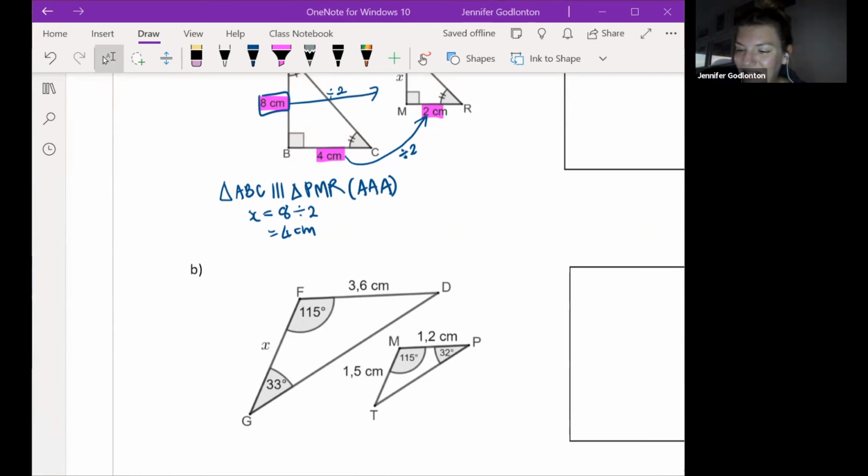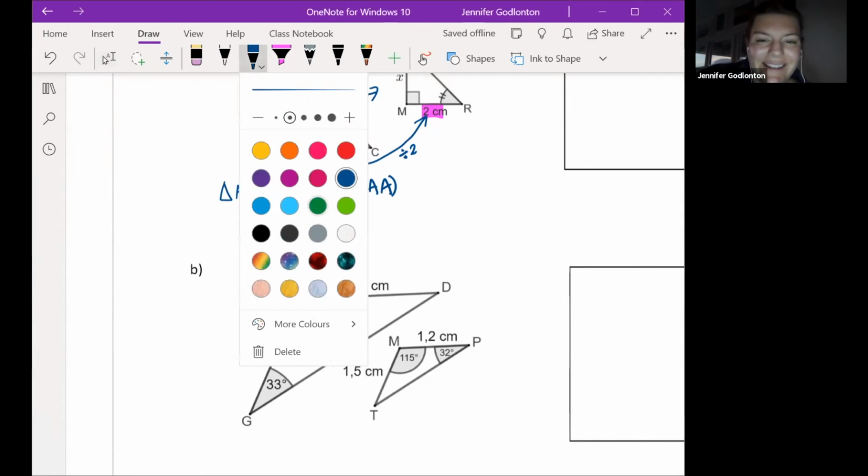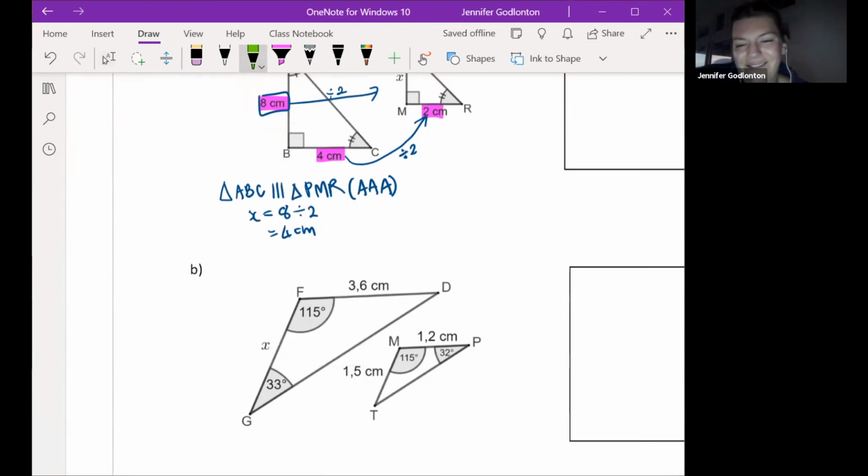Okay, so I'm wanting to know, are these similar or are these not similar? Think about the question we did earlier. Good, good. We are making progress. If we pop these into our calculator, we will see that this angle here is 32 degrees and this angle here is 33 degrees.